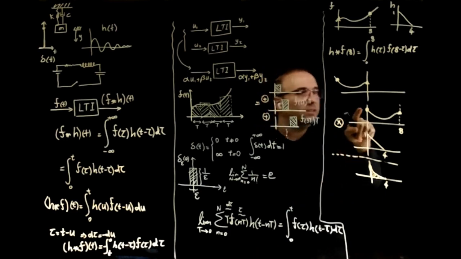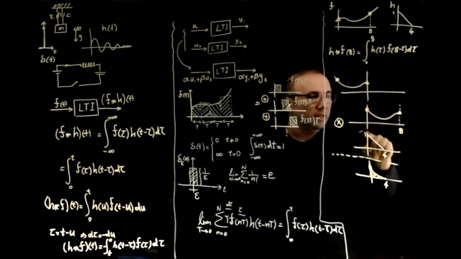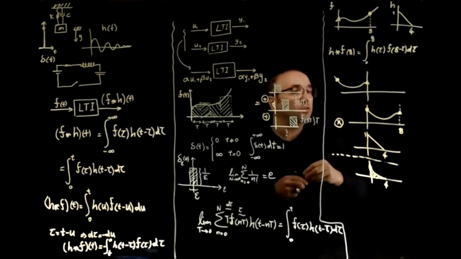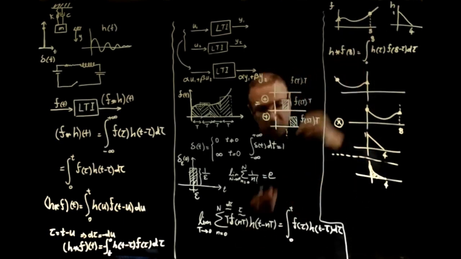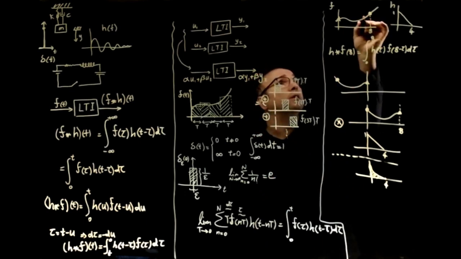Now you can see that whatever happens at that 8 second, that circular point, it is at the beginning of the impulse response. It is just the beginning of the impulse response, right? Whatever happens here, for example, let's put a square here, all right?